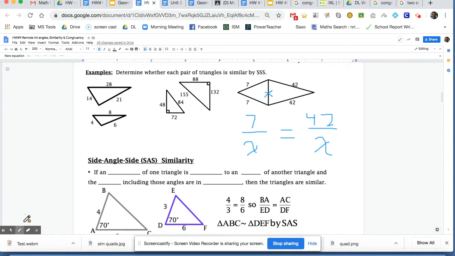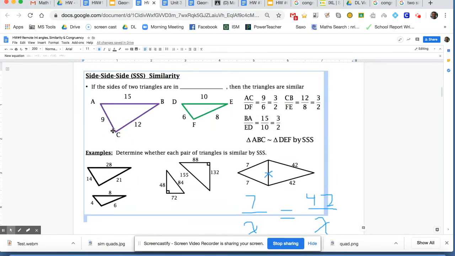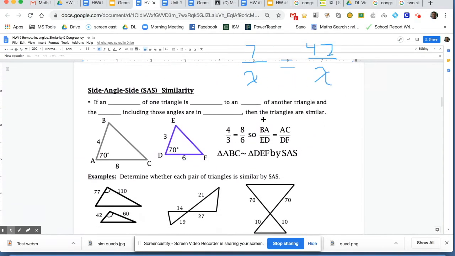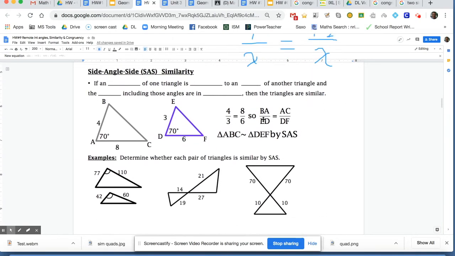Moving on to another postulate, which is side-angle-side similarity. So if we have a pair of angles that we see are congruent, and then we look to see if the pairs of corresponding sides are proportional. So here's an example where we have 4/3 and 8/6.